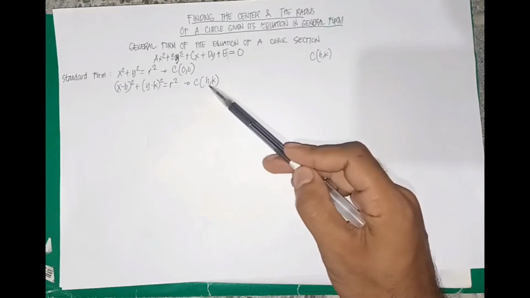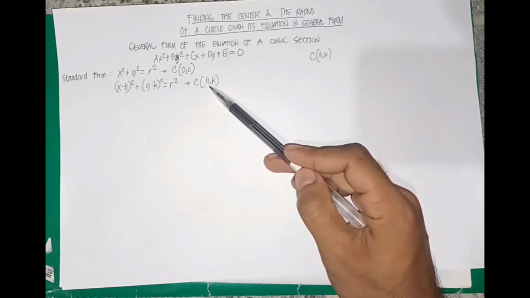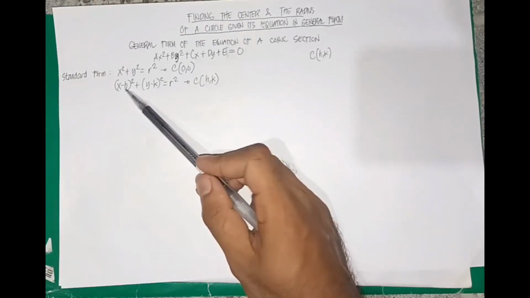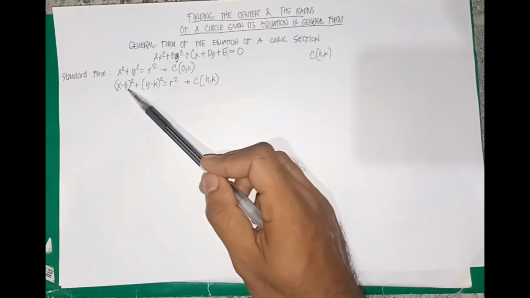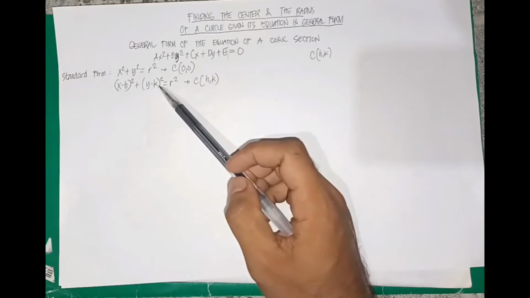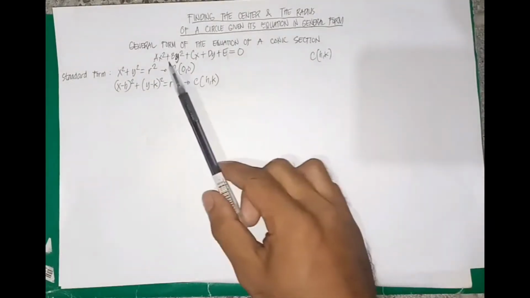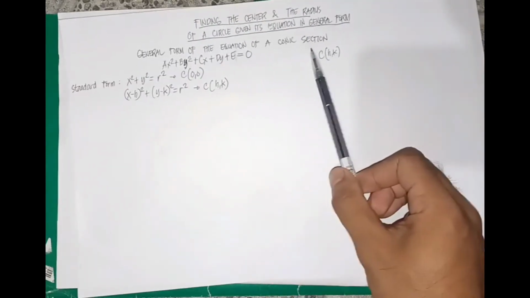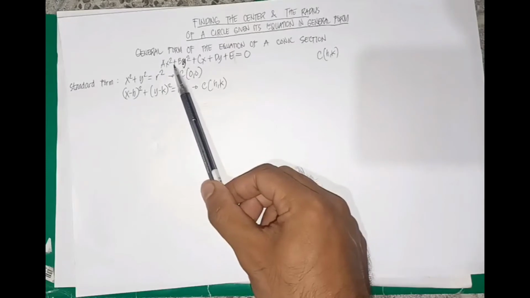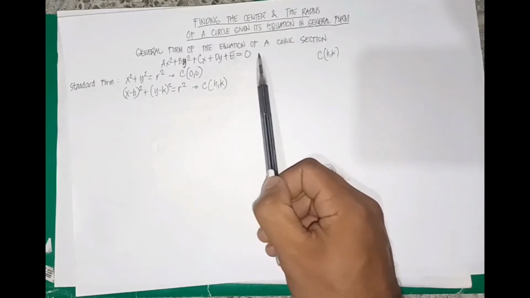The equation here is composed of h and k, where h is always paired with x and k is always paired with y. On the other hand, the general form of the equation of a conic section is ax squared plus by squared plus cx plus dy plus e equals 0.